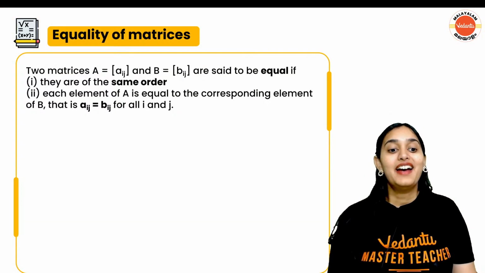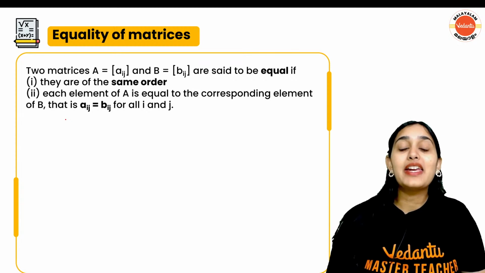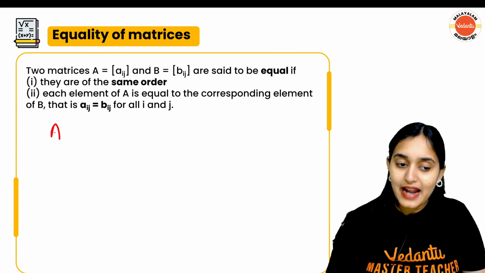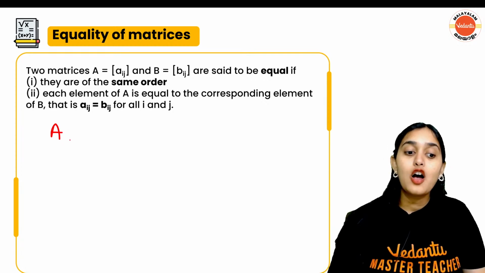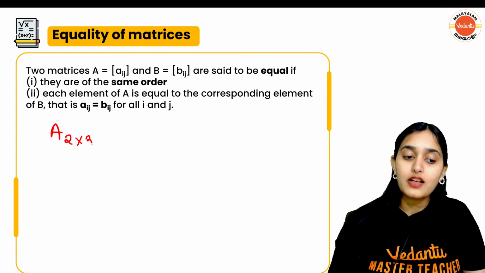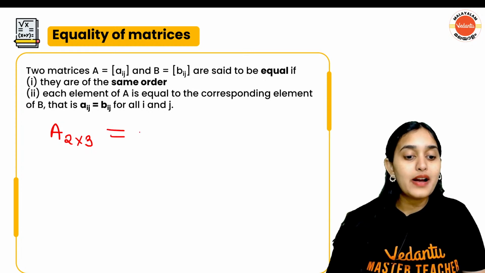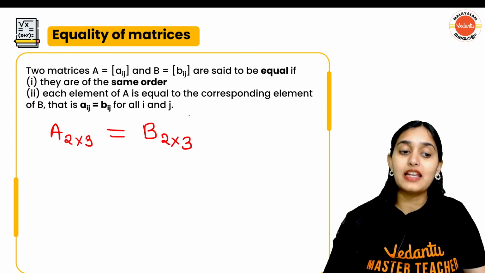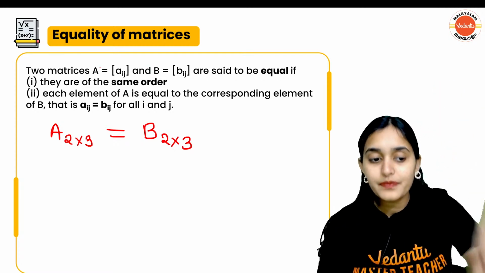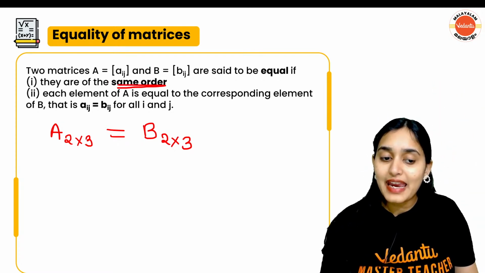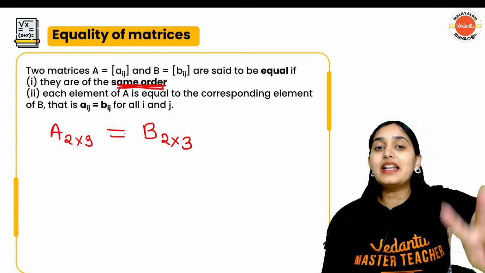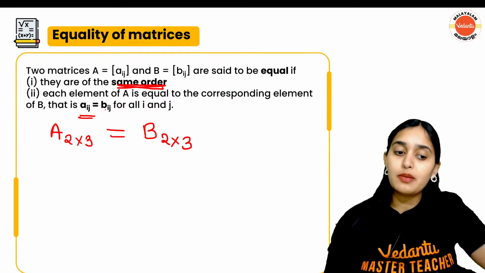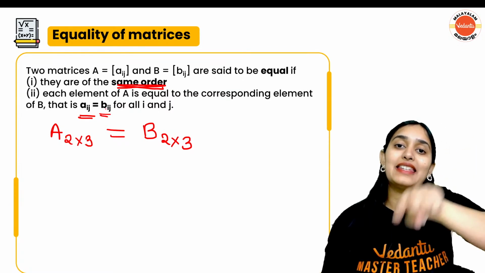Alright. Now, what do we understand by equality of a matrix? If I say that matrix A of order 2 cross 3 is equal to matrix B of order 2 cross 3. So, condition number 1, they should have the same order. Condition number 2, Aij element should be equal to Bij element.